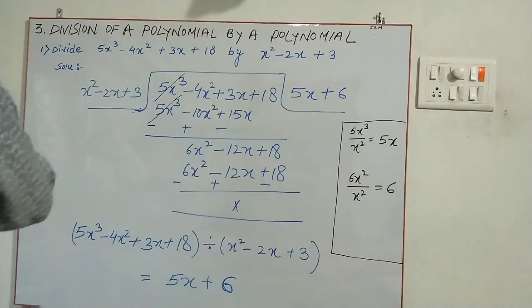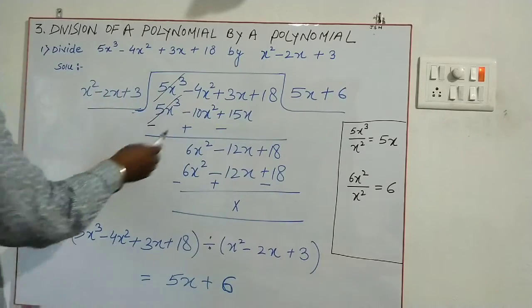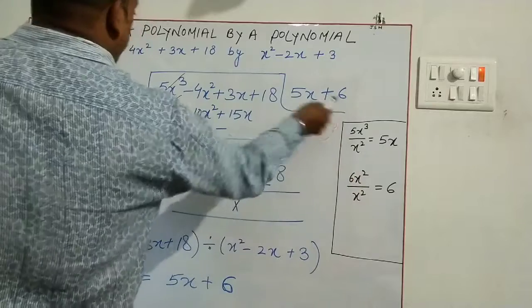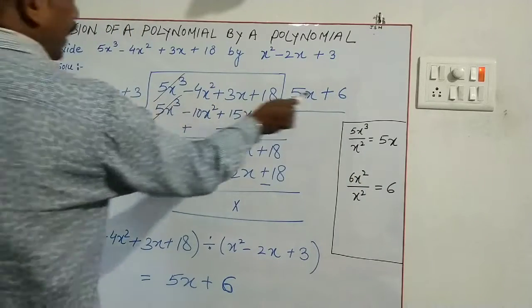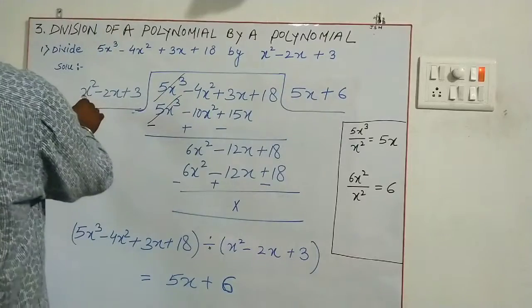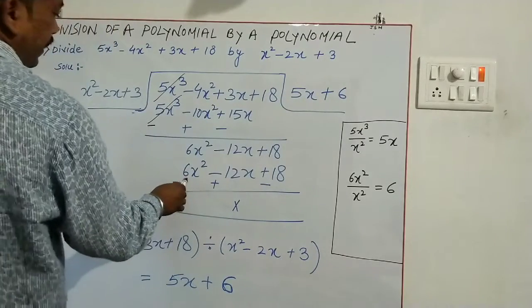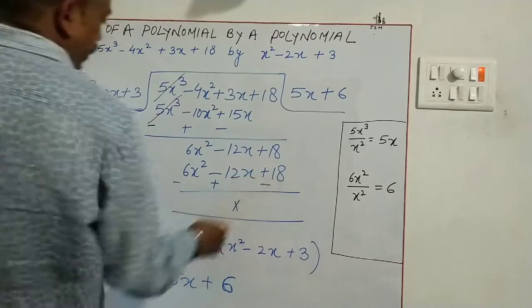So multiply all the terms of the divisor by the second term. Here second term is our 6. So we will multiply x square minus 2x plus 3 by 6. By multiplying x square minus 2x plus 3 by 6, we will get 6x square minus 12x plus 18.